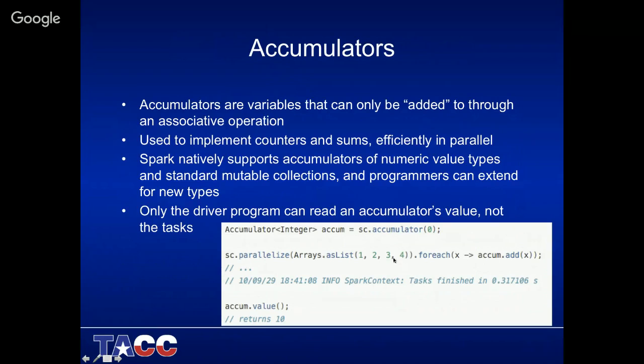So you can add these 4 elements together without specifying key value pairs. But the important thing to remember is that if you want to get the results, you cannot get the intermediate results for each individual task. You can only get the results from the driver program. The driver program is the only one that can read the accumulator's values, not each individual task.